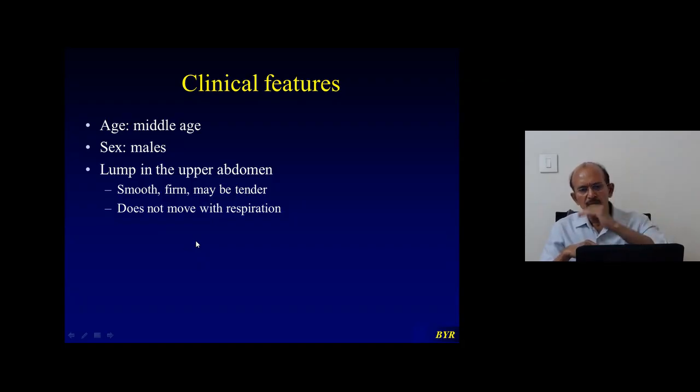Anteriorly, it is adherent to the stomach and the lesser omentum. Above, it is adherent to the liver. Below, it is adherent to the transverse colon. So all these structures are adherent to the pseudopancreatic cyst, so the cyst is not mobile. So it doesn't move with respiration.